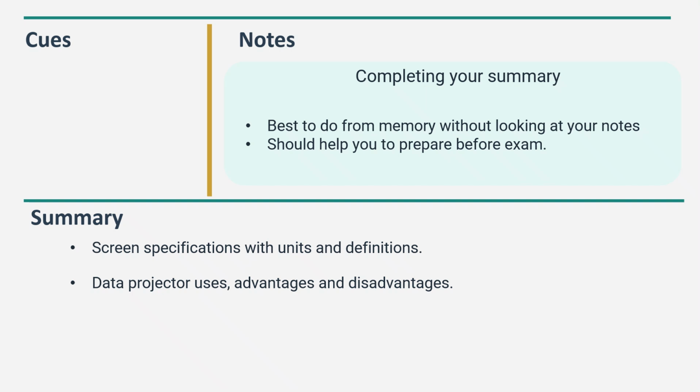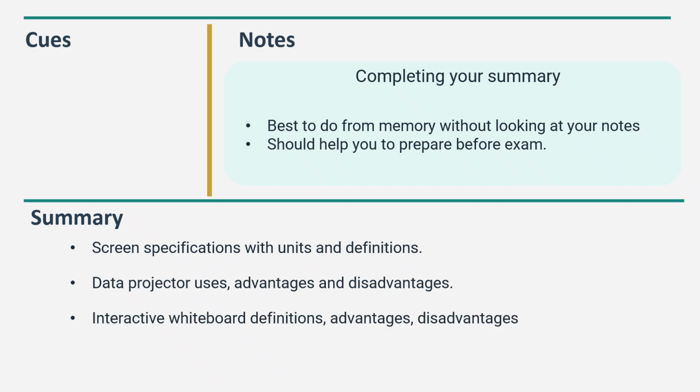For data projectors, I will know the uses, the advantages and the disadvantages. For interactive whiteboards, again, the definition, which is an input-output system, the advantages and the disadvantages, and troubleshooting when a screen or a projector is not working is very important to know.